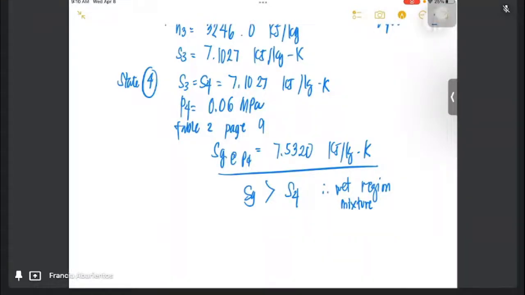Okay? So, hanapin na natin si quality at 0.4. Okay? So, if you have now that quality, we have S4 minus SF4 over the SFG. Wait lang.